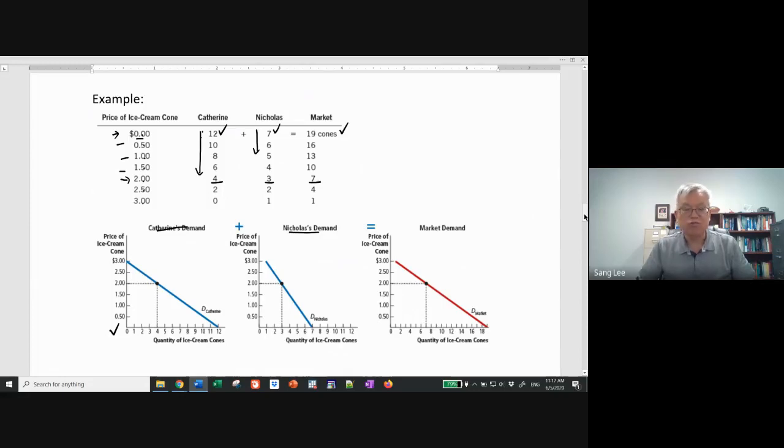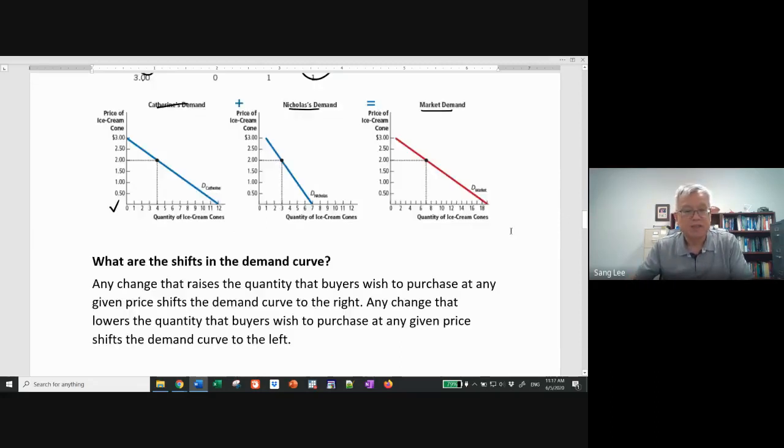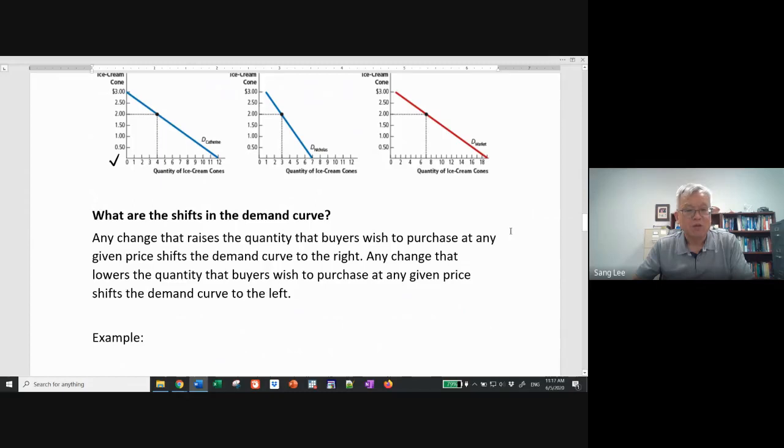You can also plot Nicholas' demand, and then using the price here and the sum total of all individual quantities demanded here, you can plot the market demand like this. Okay, but we're not going to use the details of the market demand very often. Next, what are the shifts in the demand curve?